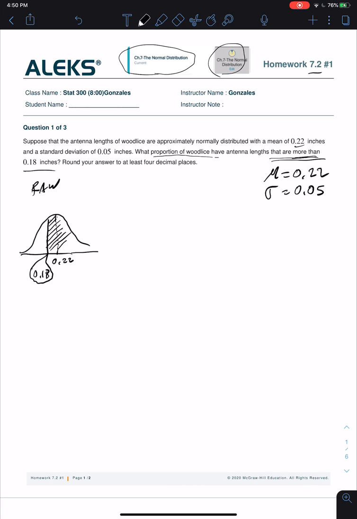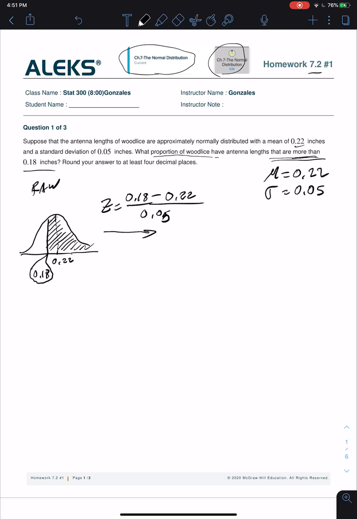We need to find the area under the curve to the right. Of course, we cannot use our z-table if we don't have z-scores. So we need to turn this information into z-scores, and we can do that with our formula: z equals our x value, which is 0.18, minus mu, which is 0.22, all divided by the standard deviation.